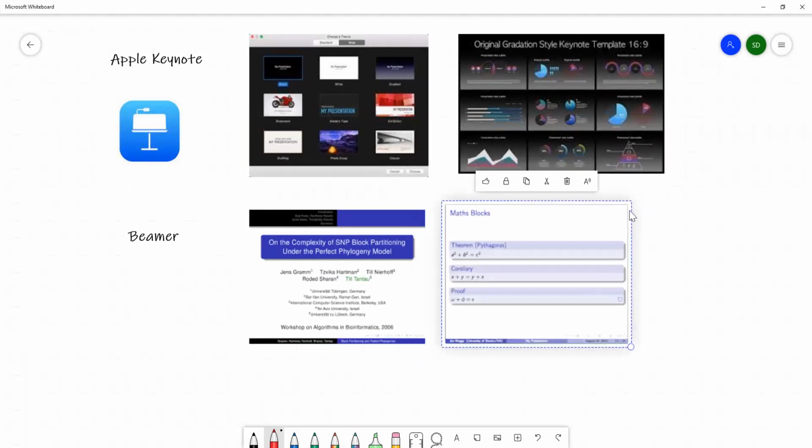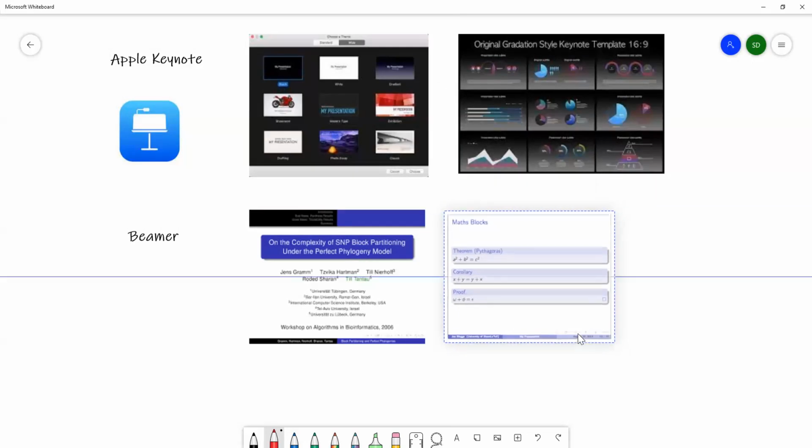I know that in Word we have equation editors, but Beamer is very powerful. You can have a lot of mathematical expressions in Beamer, very complex ones, complex equations.